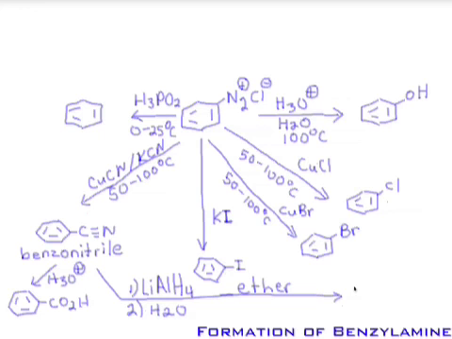And then the water, when it attacks, ends up replacing the nitrogen pi bonds with hydrogens. So the H's on the carbon come from the aluminum hydride, the H's on the nitrogen come from the water, and we produce the molecule benzylamine. So benzonitrile is a good way to get to benzoic acid and benzylamine.